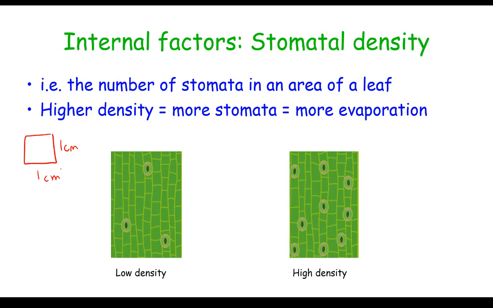Now the higher the density, the more stomata, so the more evaporation will take place. So if you compare these two squares, this one has fewer stomata in this area than this one, which has more stomata, so it's going to lose more water through transpiration. And that's basically just because there's more pores for water to leave the leaf.